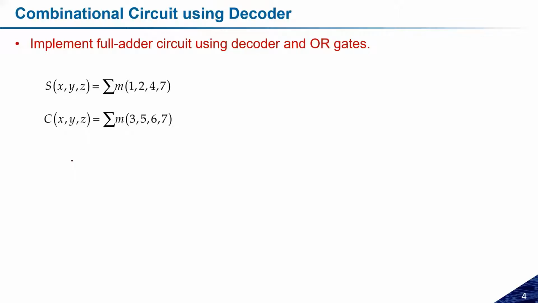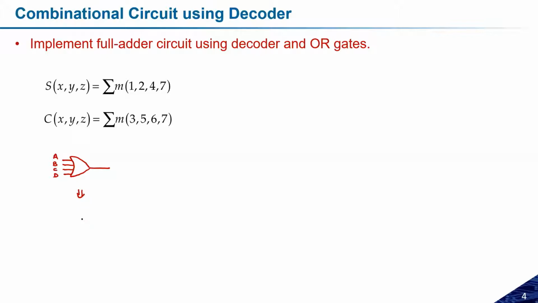Suppose I have an OR gate which looks like this one, having inputs A, B, C, and D, and an output.